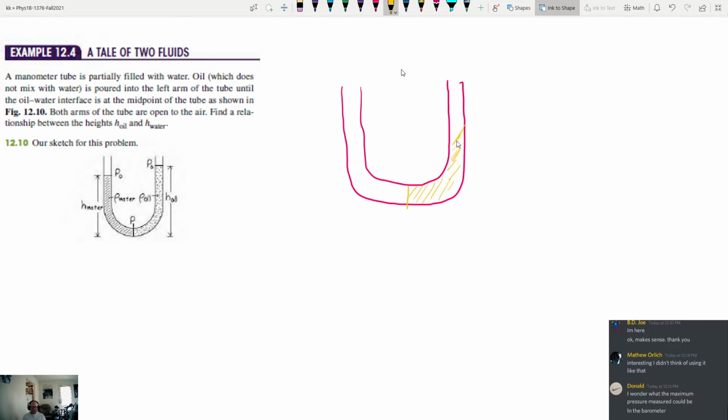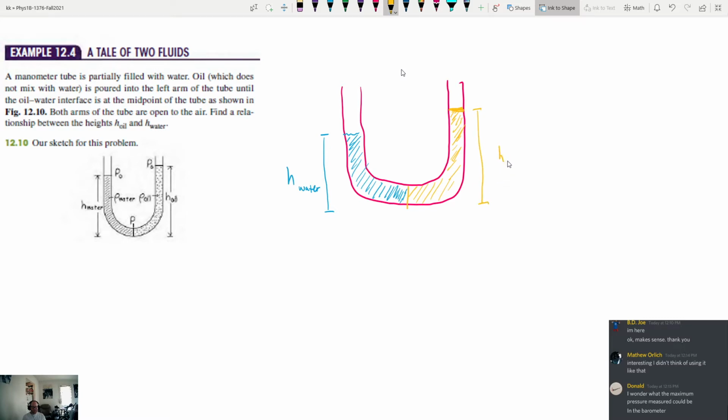And our oil comes up to a certain height up here. That's the top surface of the oil. And on the left-hand side, we have liquid water. And our goal here is to say, how is the height of the water related to the height of the oil?